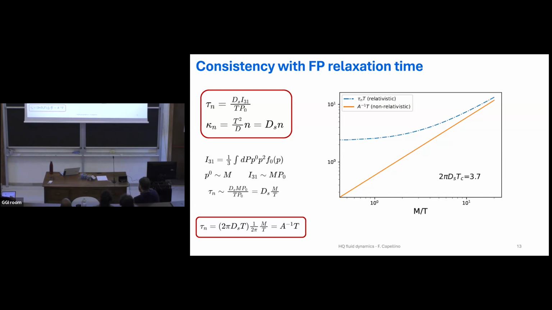And what we can see is that in the non-relativistic limit, the two descriptions converge, but when we go to lower m over T values in our approach, so in the hydrodynamic approach, we don't have this linear scaling with the mass over temperature, so we always have a finite relaxation time, even for quarks with zero mass, and this is also important for the causal evolution of the Israel-Stewart equations.